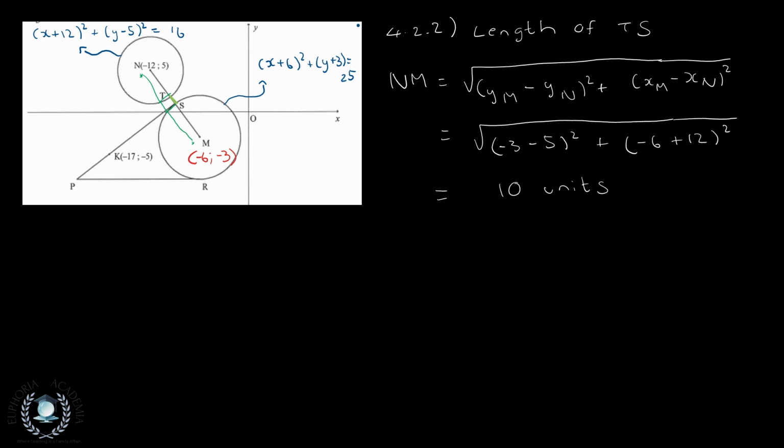So we know that the radius of M is equal to 5, the radius of N is equal to 4. Therefore TS is equal to 10 minus 5 minus 4, and that will give us 1 unit.